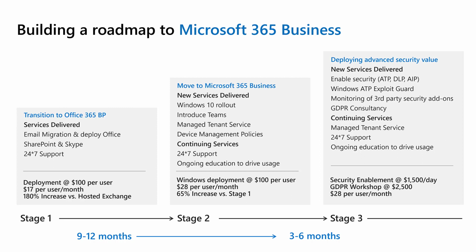Now, once we get to that third stage, this is where we start digging in and looking at how we start enabling some of these additional capabilities around security and compliance. Some of the customer engagements you have, if they're being driven by some kind of exploit that was able to get through their network, or if it's a high risk environment that the organization is in, you might find that some of these things start getting enabled a little bit earlier on.